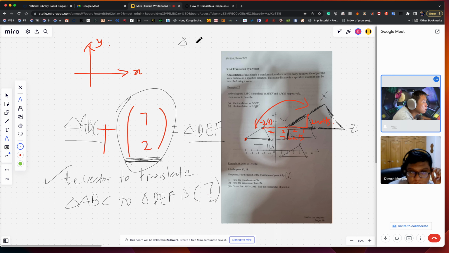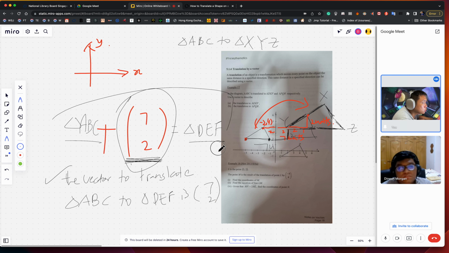Sometimes they will ask you to describe the transformation from ABC to the newly created triangle XYZ. So it involves two transformations. The first one is a translation of 7, 2.